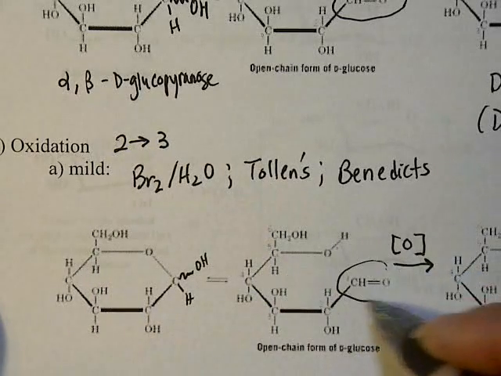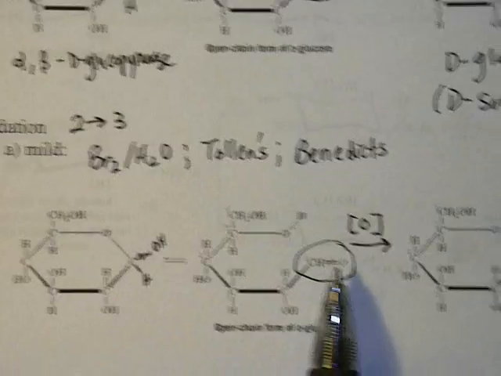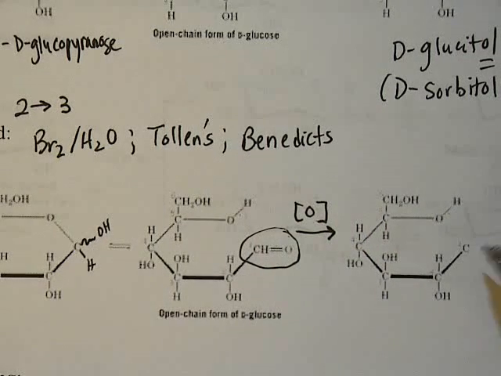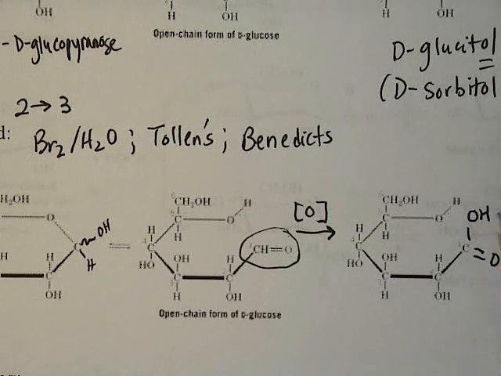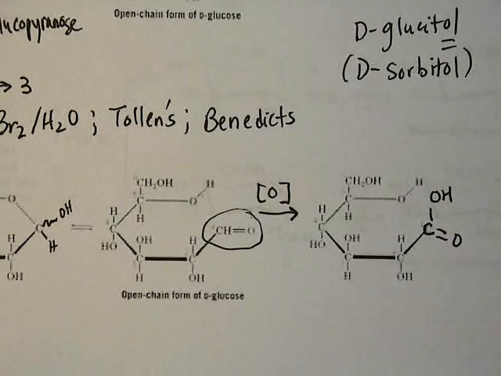So here's the aldehyde, which is at oxidation level 2, and with any one of these reagents, it's going to oxidize, and what happens to that anomeric carbon, which used to be an aldehyde, is it now becomes a carboxylic acid. All right, so now that's oxidation level 3.